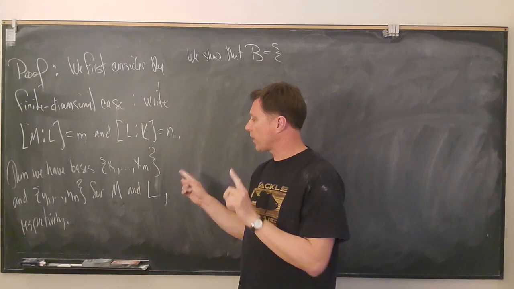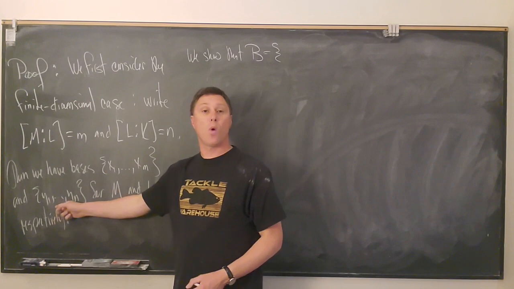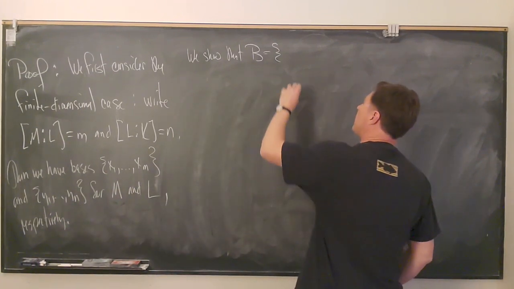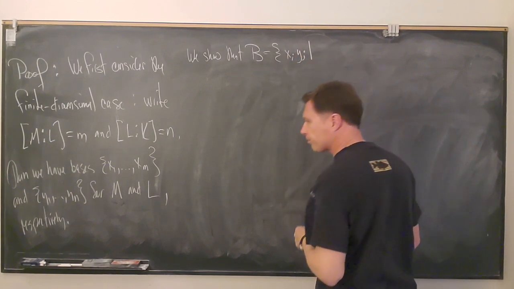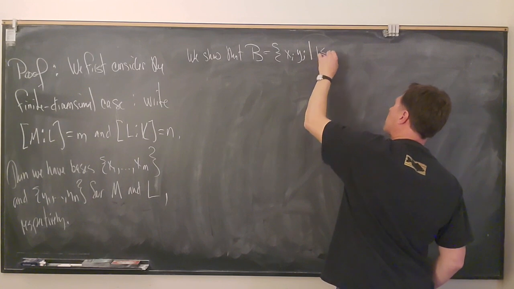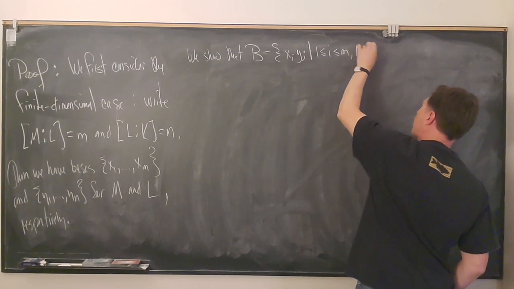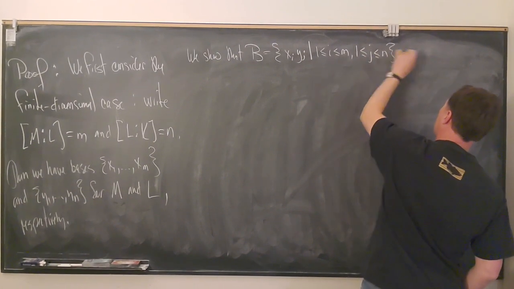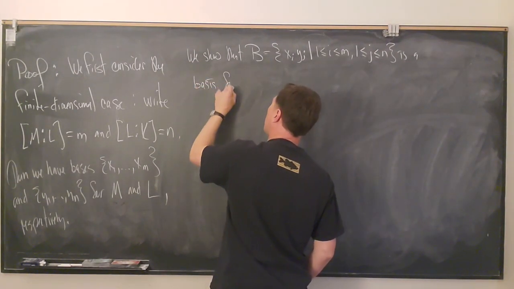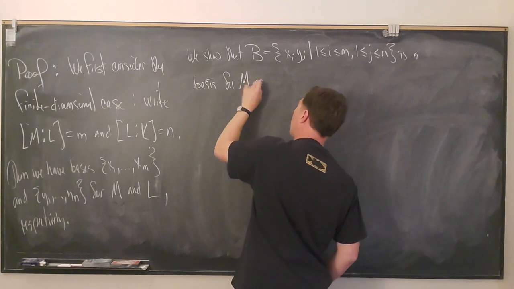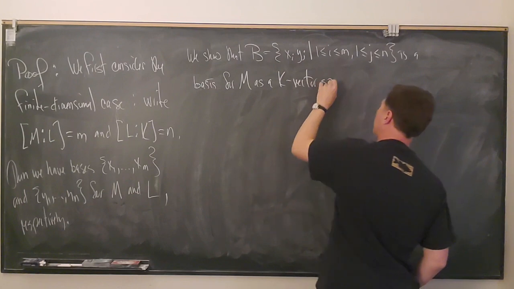So I want to consider all possible multiplications of taking some x times some y. So we show that the set B equal to x sub i, y sub j, where 1 is less than or equal to i less than or equal to m, and 1 is less than or equal to j less than or equal to n, is a basis for M as a K vector space.